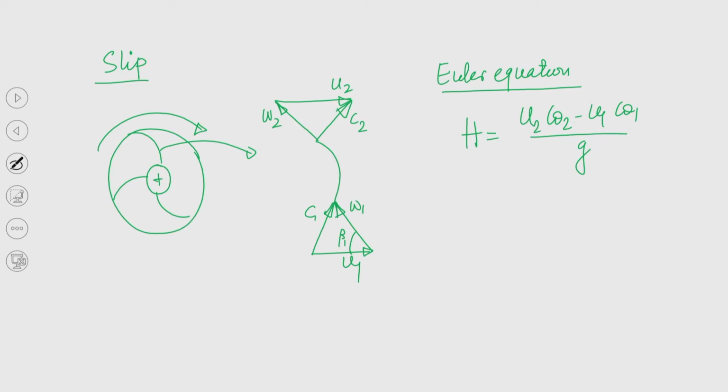We know that the component of absolute velocity in the tangential direction is c theta 2 for this particular case, and similarly this is c theta 1. Right. This is beta 2.